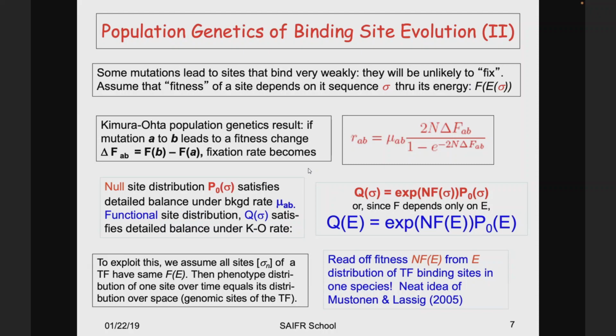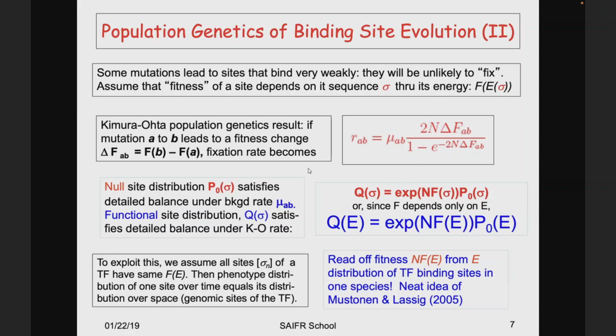Okay, so there's a whole song and dance which I had thought I might be able to go through in detail here, but I can't. I just don't have the time. But it's rather subtle and rather interesting, and in the end you get a rather remarkable formula. So in the absence of any fitness effect, there is some rate at which substitution A goes to B is happening.